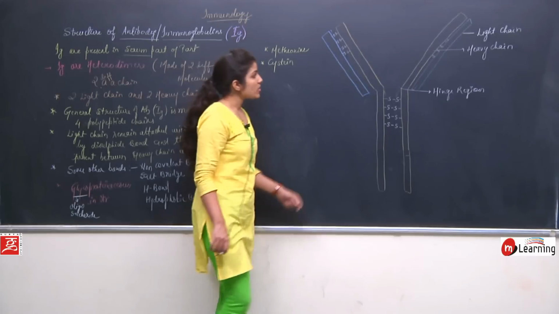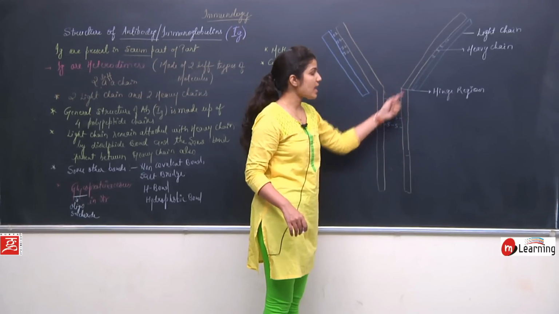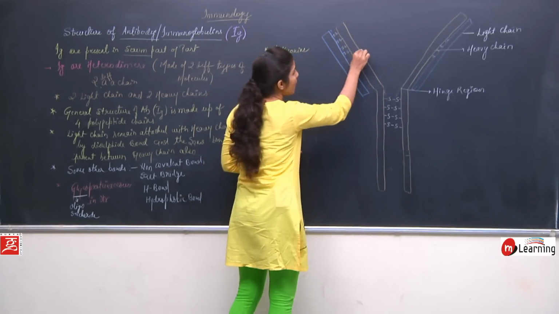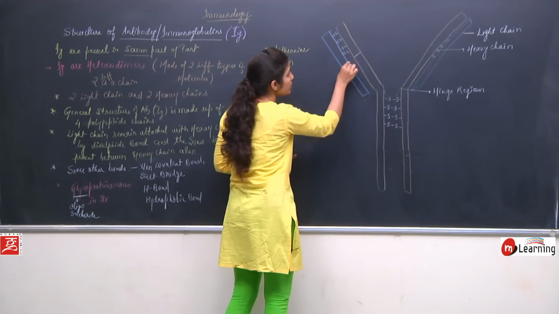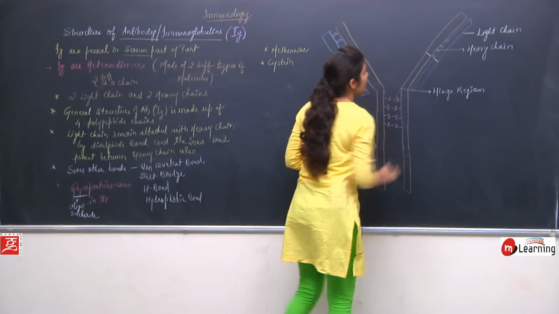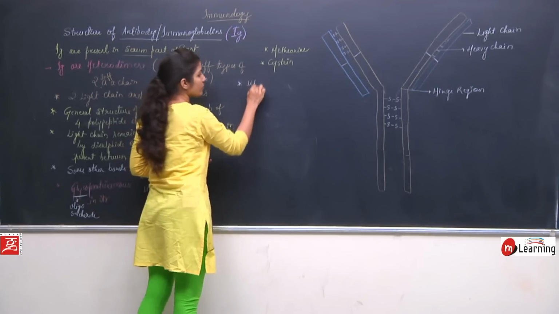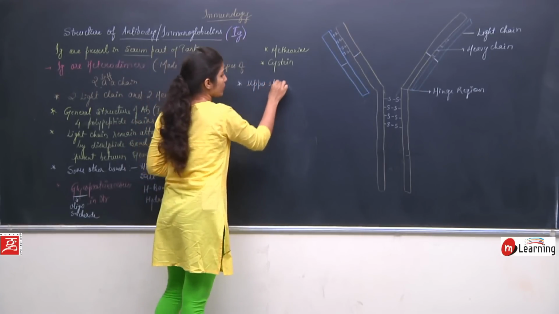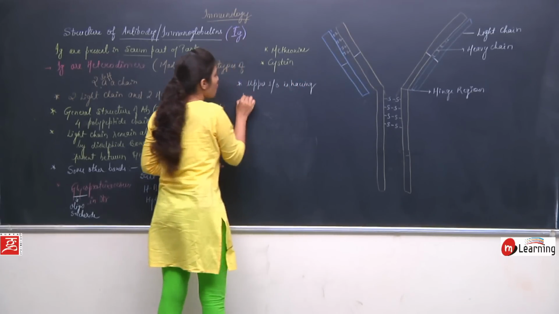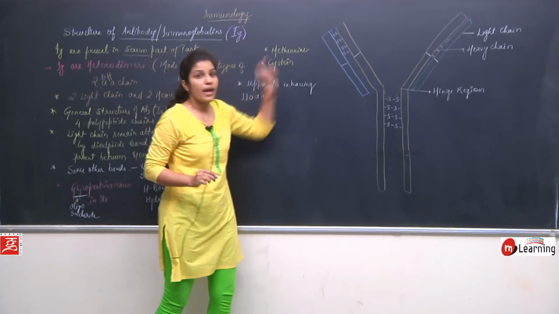Now, back to our structure, we have discussed that we have 2 light chains and 2 heavy chains, and here the upper 1/3 part has 110 amino acids.